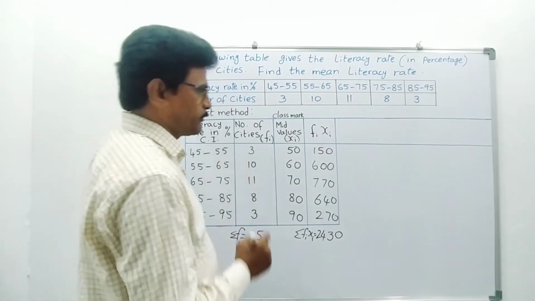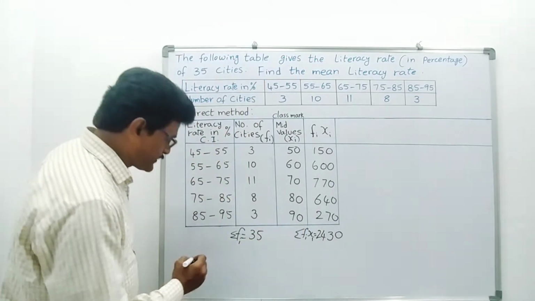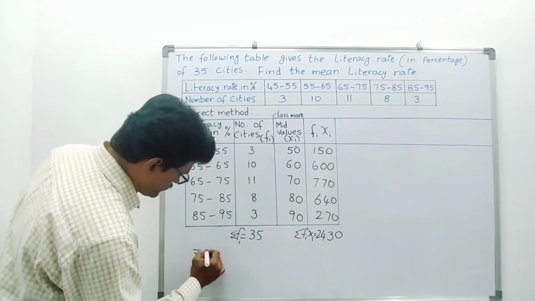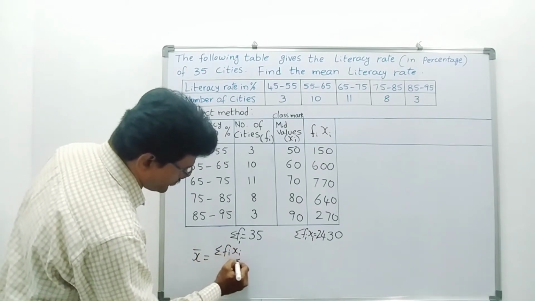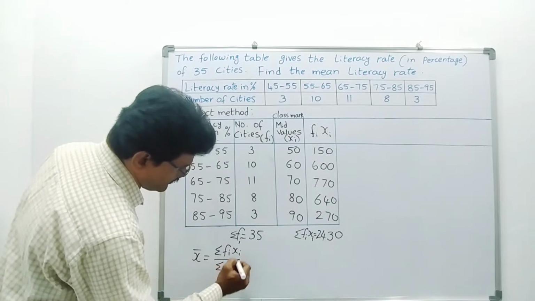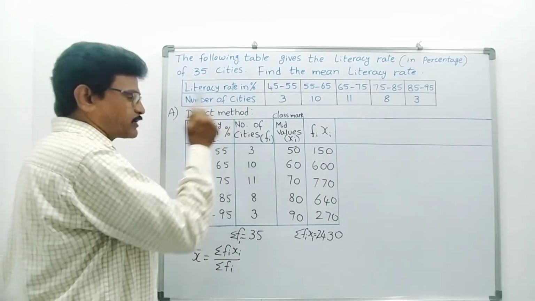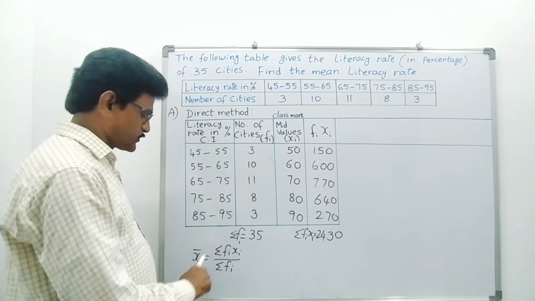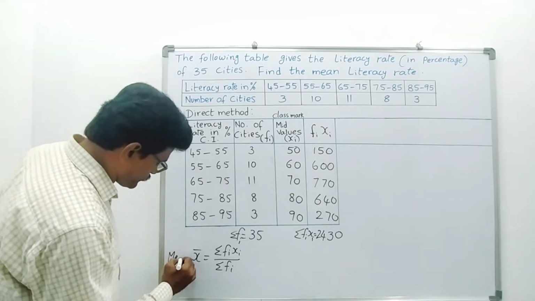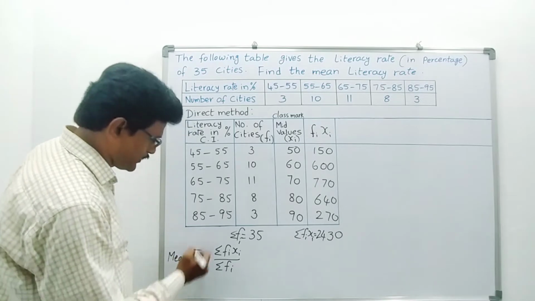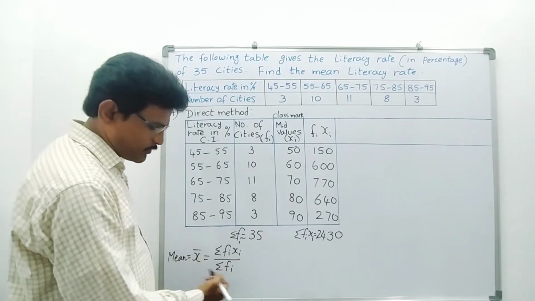Now, in the direct method, how to find X bar? That is, mean X bar equals sigma Fi Xi by sigma Fi. So in the direct method, this is the formula. Mean X bar equals sigma Fi Xi by sigma Fi.